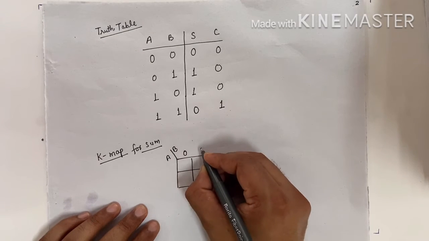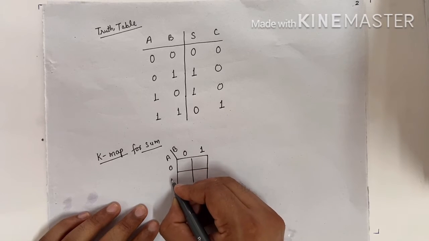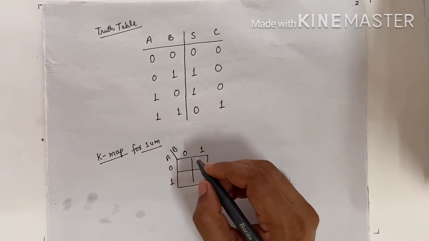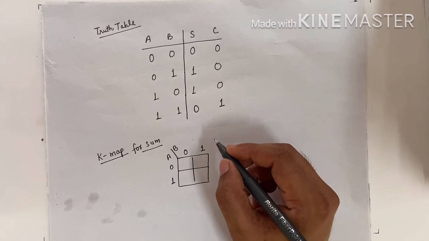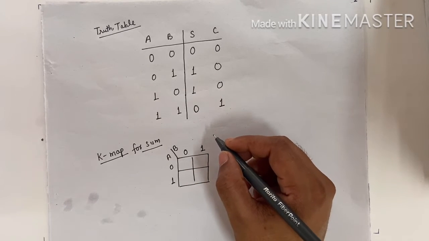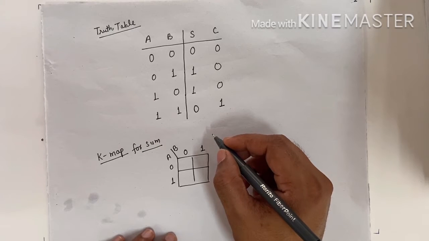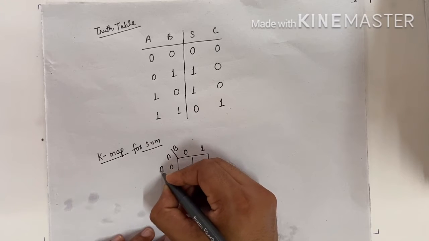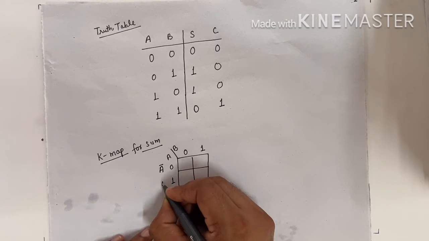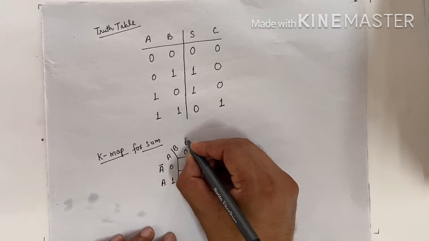This is 0, this is 1, this is 0, this is 1. I have previously mentioned that in the K-map we apply the sum of product form. In the sum of product form we write 0 in complement form and 1 in without complement form.